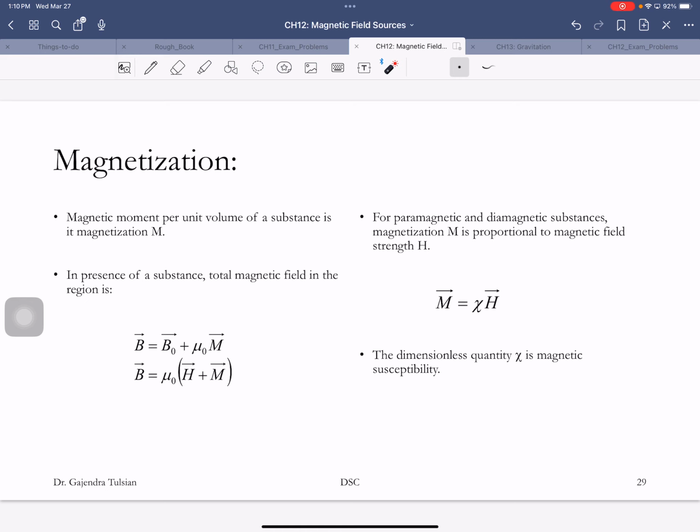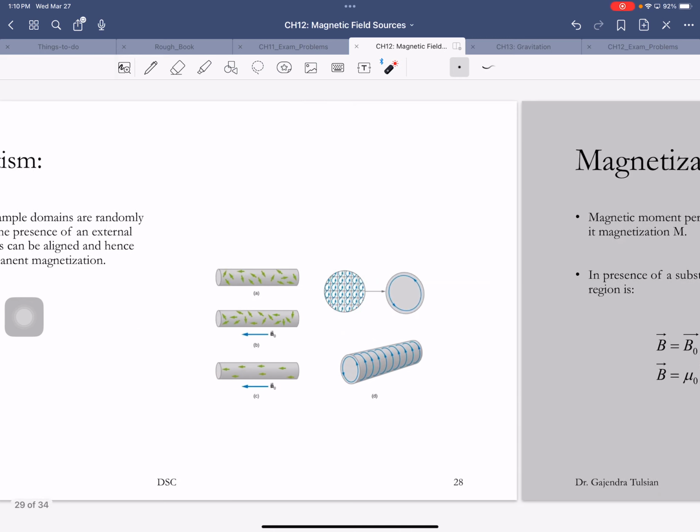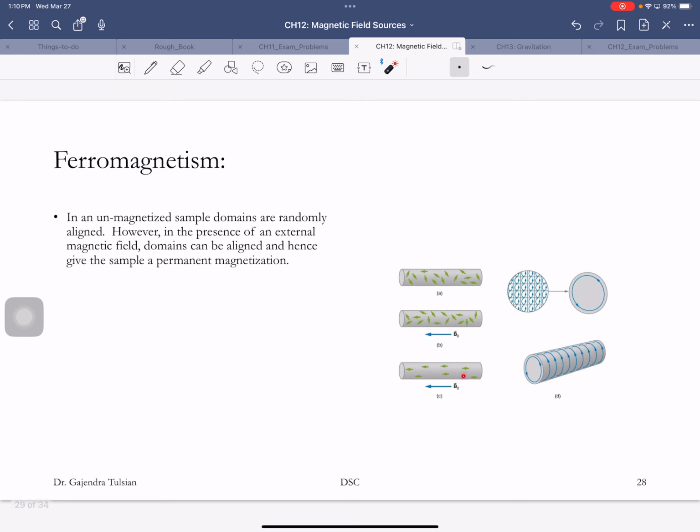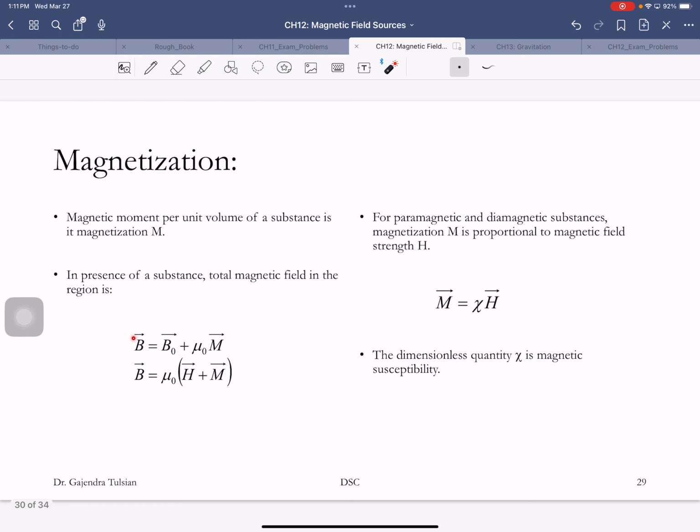Here's an external field, and when you magnetize, the field inside the substance will increase. The field inside is the applied field plus a term due to magnetization.